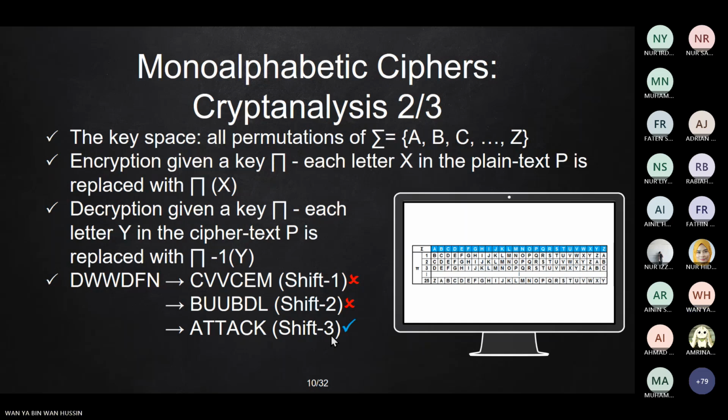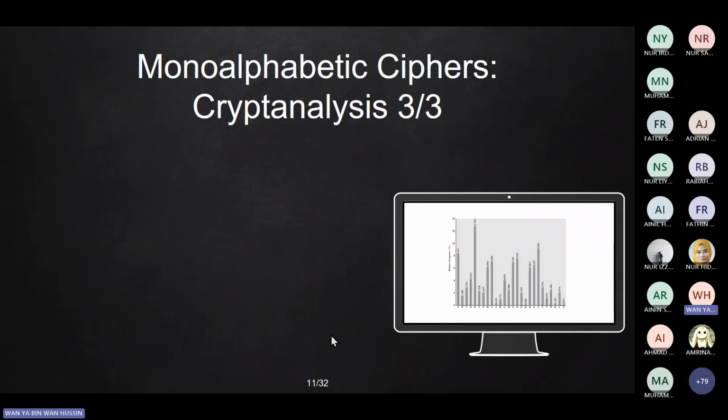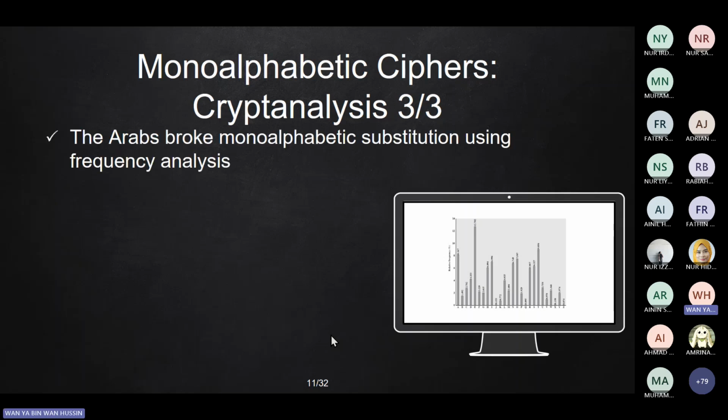Now what's wrong with monoalphabetic cipher? We use the same rule, one substitution rule. Therefore the frequency of alphabet in plain text will be similar or the same as the frequency of alphabet in cipher text. This is the essence of frequency analysis.